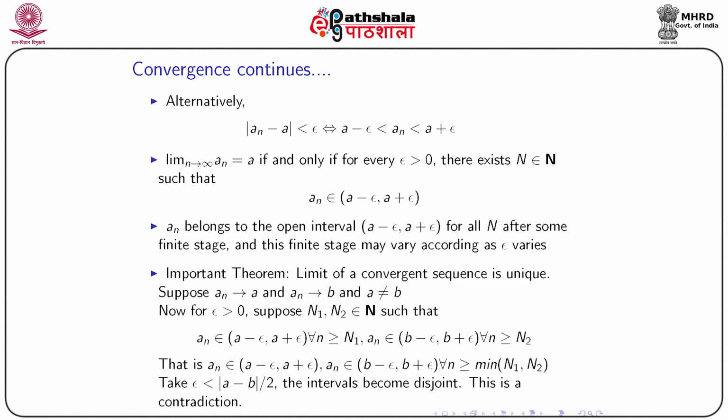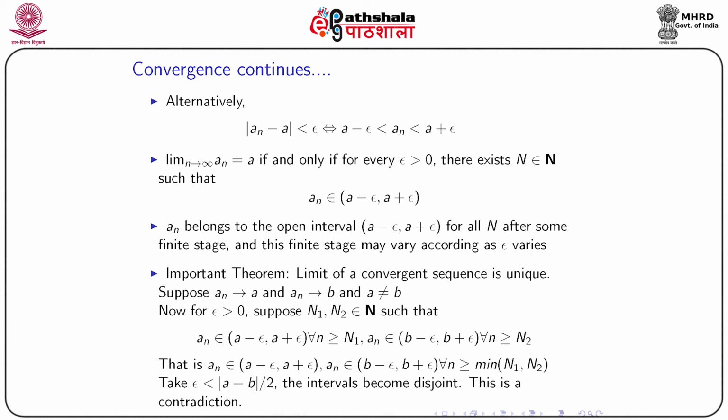So we define it this way: limit n tends to infinity of an is equal to a if and only if for every epsilon greater than 0 there exists capital N belonging to the set of integers such that an belongs to the open interval a minus epsilon to a plus epsilon. Now an belongs to this open interval for all n after some finite stage, and this finite stage may vary as epsilon varies. That's why we say that this N depends on the value of epsilon, which is predetermined.